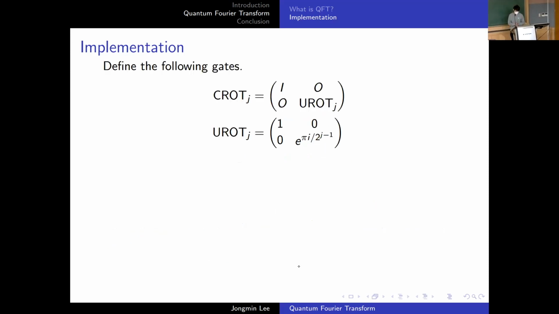So we define two gates. C rotate is the controlled rotate gate, and U rotate gate is just a unitary rotate gate.